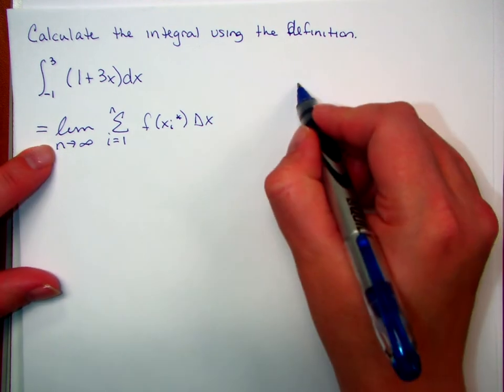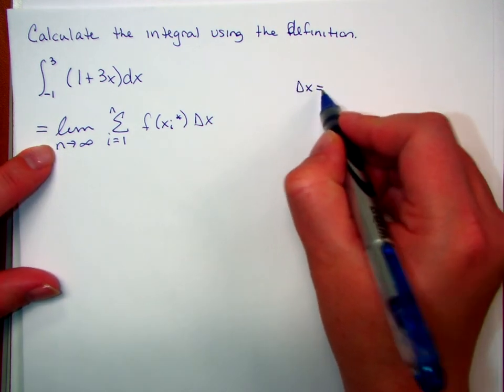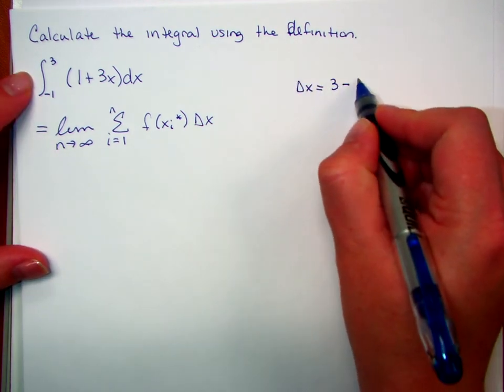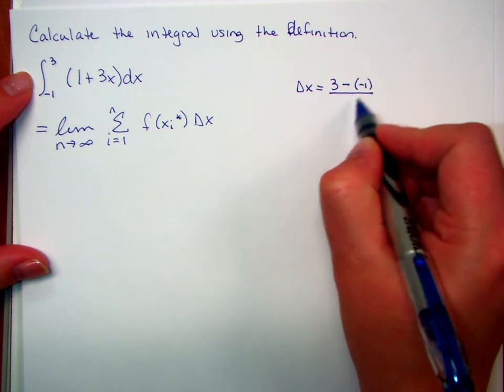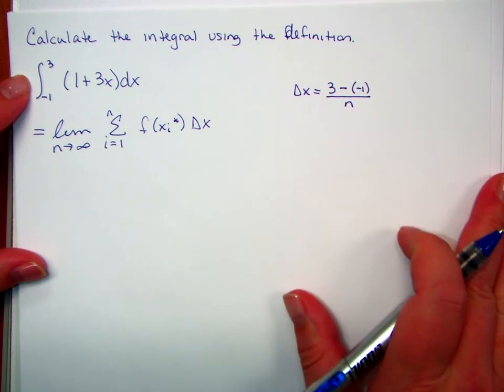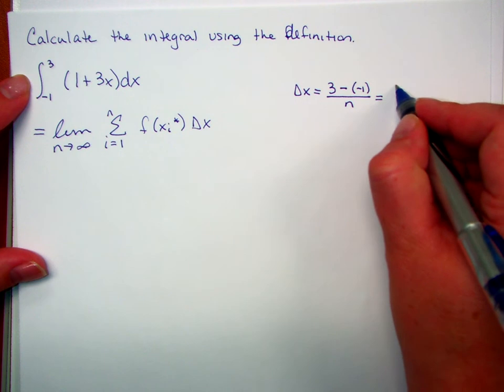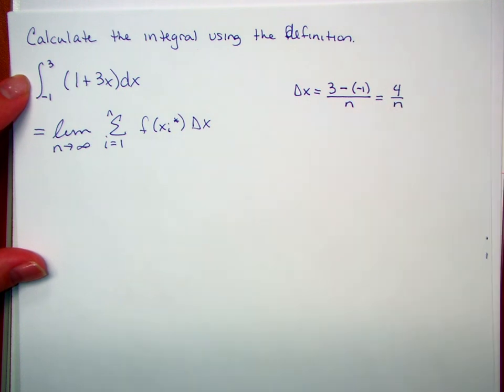So let's figure out what delta x is. Delta x, the upper limit minus the lower limit divided into n subintervals. So I'm going to get 3 minus a -1 over n, which is 4 over n. So our delta x is 4 over n.